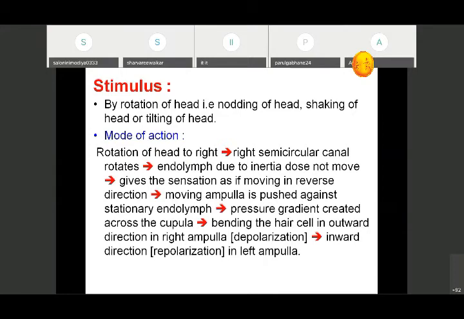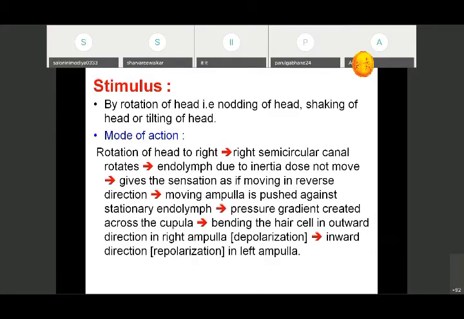So rotating or nodding of the head, shaking of the head, tilting of the head will cause stimulation of the cupula of the semicircular canals, and the mode of action is as follows. With rotation of the head to the right, the semicircular canal rotates, but the endolymph, due to inertia, does not move, giving the sensation as if moving in a reverse direction.